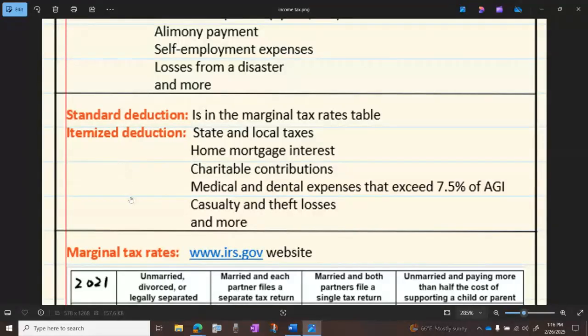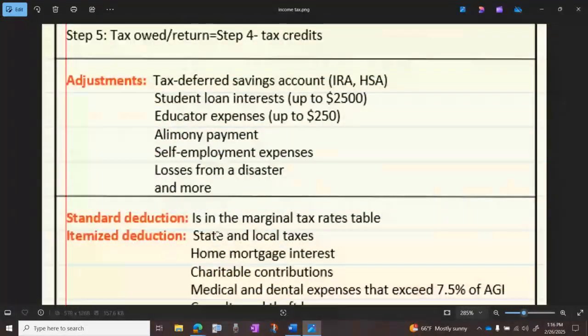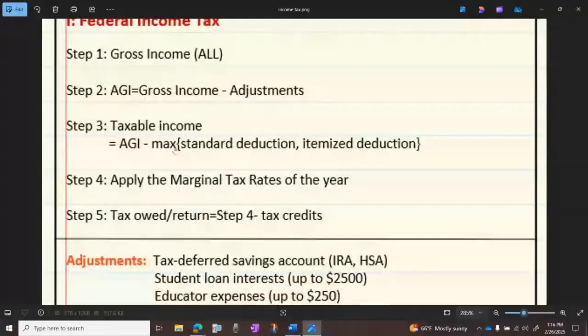You cannot choose both standard deduction and itemized deduction. You can only choose one of them. You only have one option. Either choose standard deduction or itemized deduction. Since your taxable income is your AGI minus your deduction, you want to pick the deduction that has a higher amount. Normally, for regular people, the standard deduction is higher than itemized deduction.